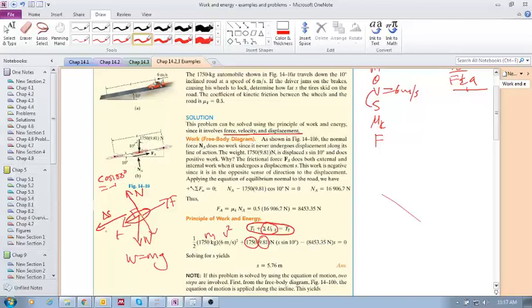Remember, even if it's going in this direction, you multiply the weight by only the vertical distance that it's traveled. If it's traveled from there to there, the vertical distance is only that, S sine 10. So there is the work of the weight.